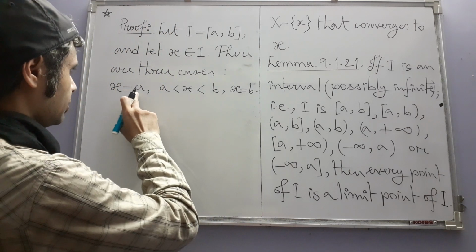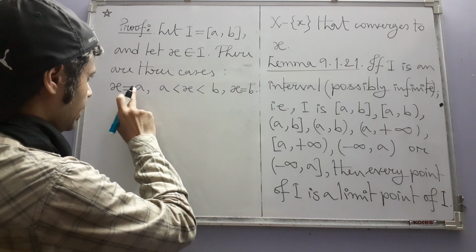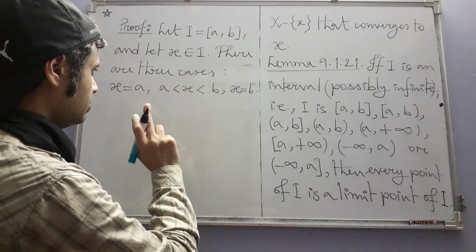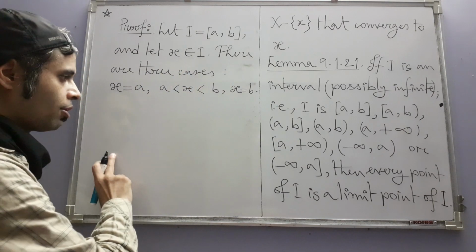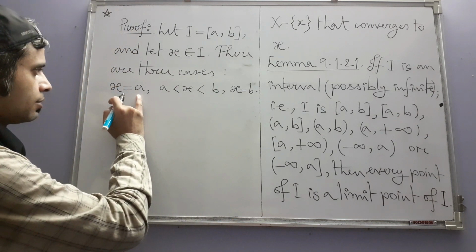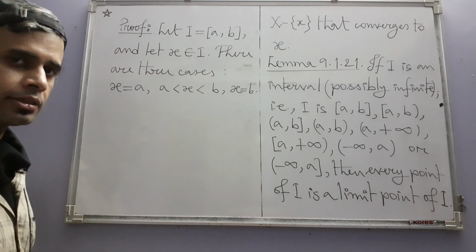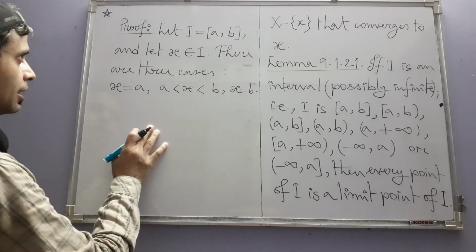For example, to show that a is a limit point of I, you just need a sequence of elements in I, all of whose terms are different from a, and that converges to a. That's it.